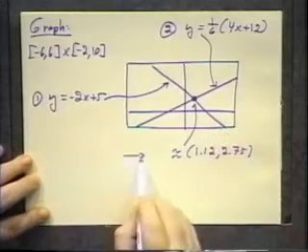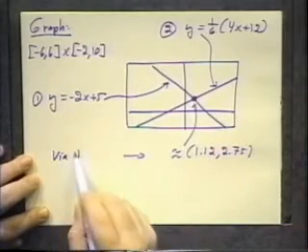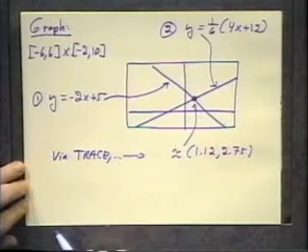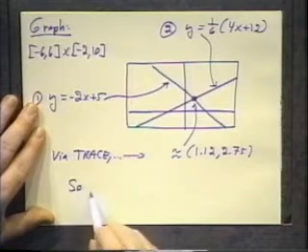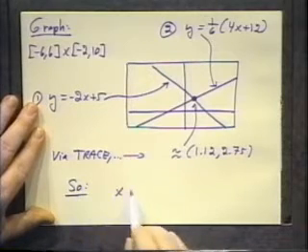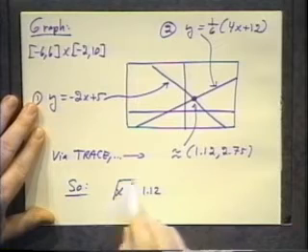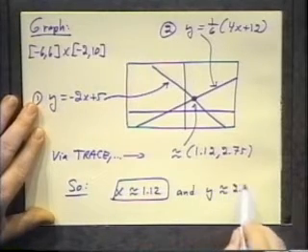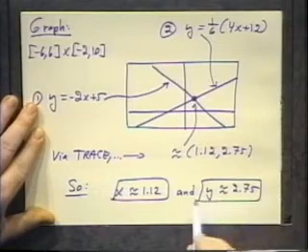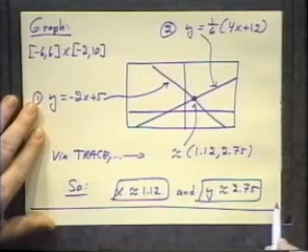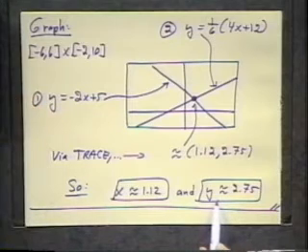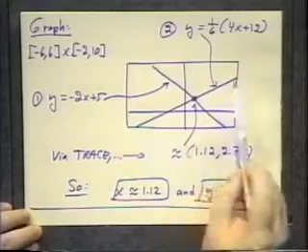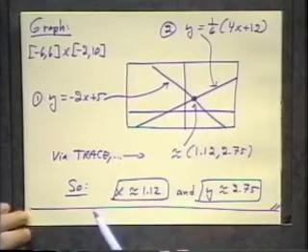And you do this, of course, via trace, etc., or whatever technique you might have on your calculator. So the end result is that x is approximately 1.12 and y is approximately 2.75. And that is the solution, at least approximately, to the original system of 2 equations and 2 unknowns, which turn out to graph and intersect just like that.